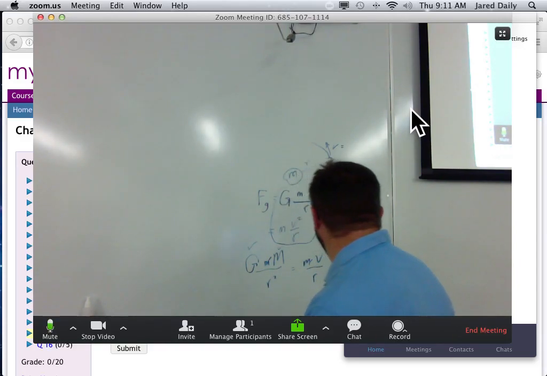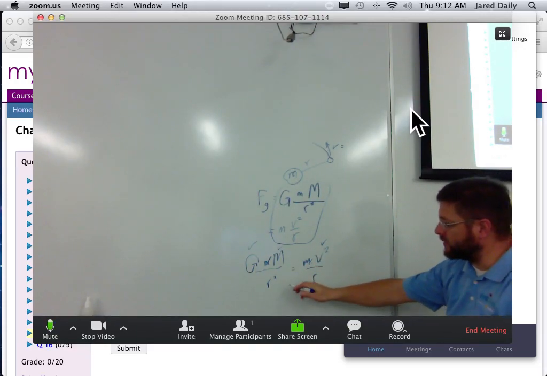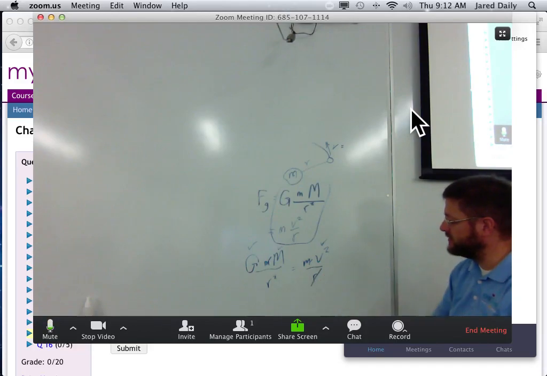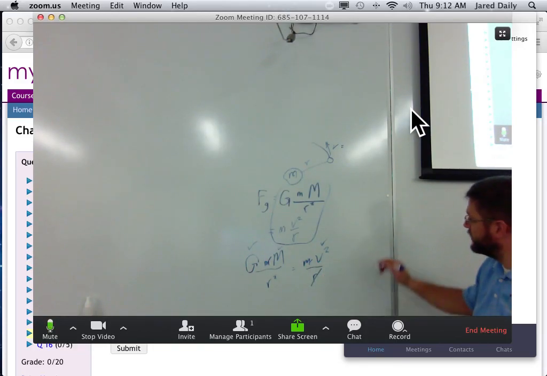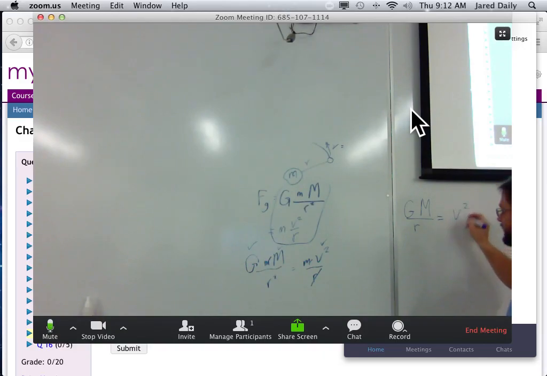So when we actually solve this, we're solving for r. We're going to cancel out one of the r's that's in the denominator. And so the equation looks like this when we solve it. G times big mass, the mass of the planet, divided by r equals v squared, right? Because everything else has been canceled out, and we want to know what r is. So we multiply both sides by r and divide both sides by v squared.